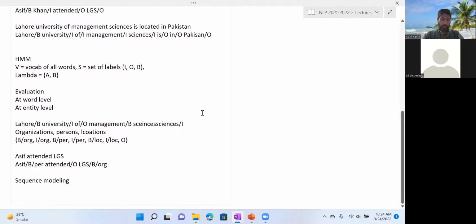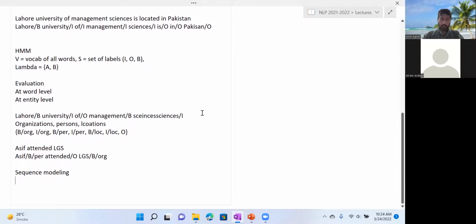So in general, sequence modeling problems can be of four to five types. So let's discuss those types. First of all, let me introduce briefly the notation, and we will be using this notation throughout the discussion of sequence modeling with neural networks.